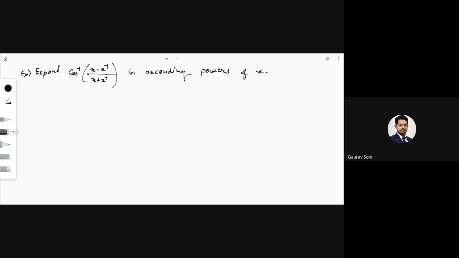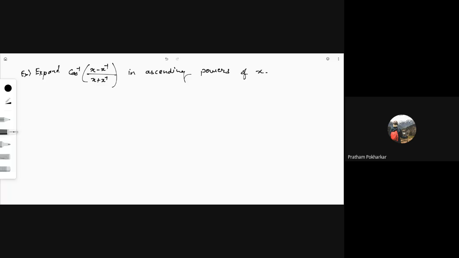Okay, anyone? What is the answer? Substitution in this. What is the substitution? First we'll write the x inverse, like x minus 1 by x upon x plus 1 by x. That will become cos inverse of (x square minus 1) upon (x square plus 1).